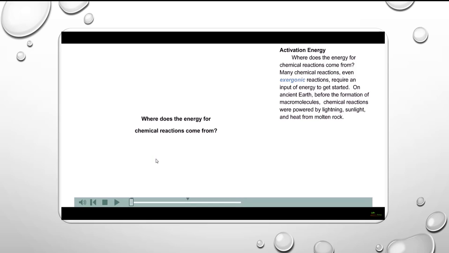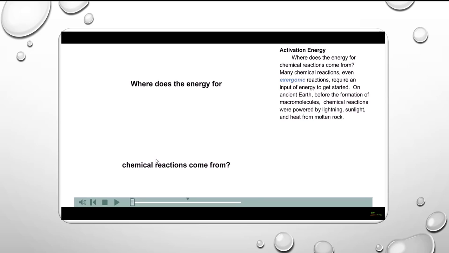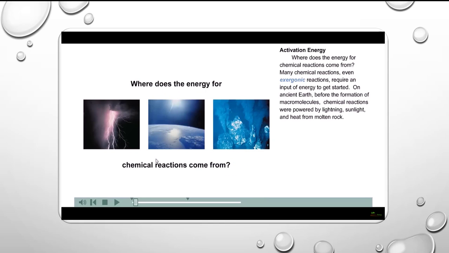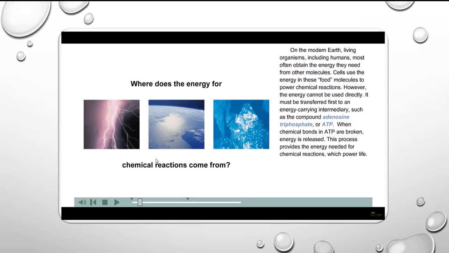Where does the energy for chemical reactions come from? Many chemical reactions, even exergonic reactions, require an input of energy to get started. On ancient Earth, before the formation of macromolecules, chemical reactions were powered by lightning, sunlight, and heat from molten rock. On the modern Earth, living organisms, including humans, most often obtain the energy they need from other molecules.